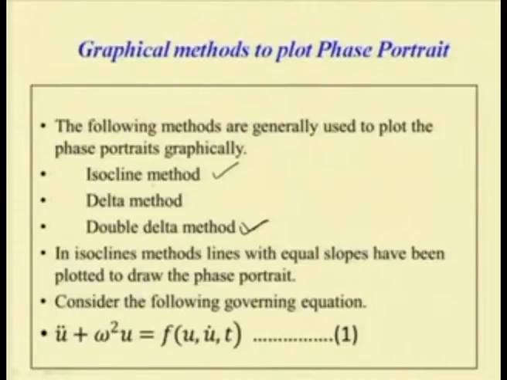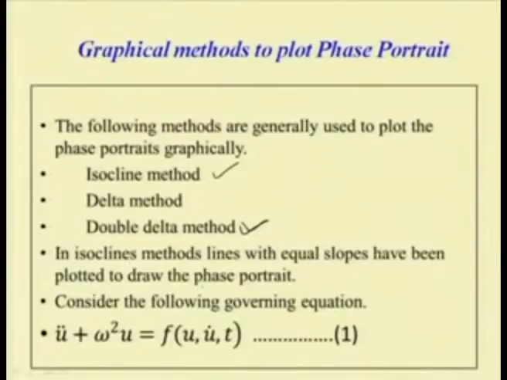In the method of isocline, iso means similar or equal. So, in the isocline method, one has to plot lines with equal slopes and draw the phase portrait. Let us consider this equation: u double dot plus omega square u equal to f of u, u dot and t.